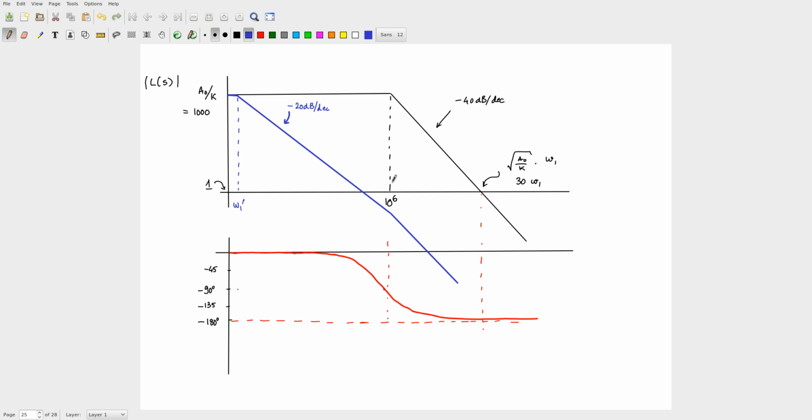This 10 power 6 is your omega 1 equal to omega 2 equal to omega 2 prime, and this is omega 1 prime, and this is your omega u prime loop, and this is your omega u loop. Okay, prime is after including the C alpha.